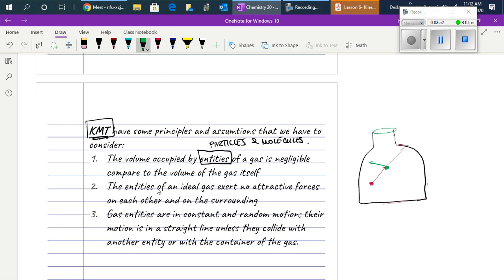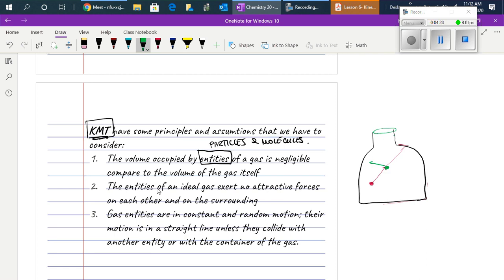If we summarize the three principles of KMT: first, the volume of the molecules of the gas is so small in comparison to the volume of the gas itself that we consider it almost negligible, so we don't take it into consideration.